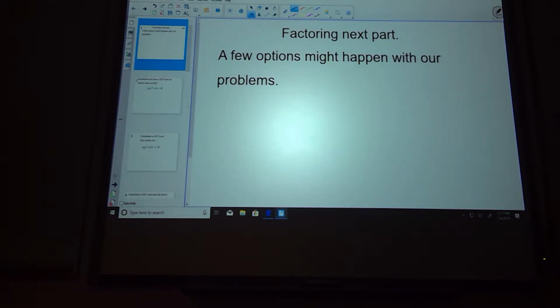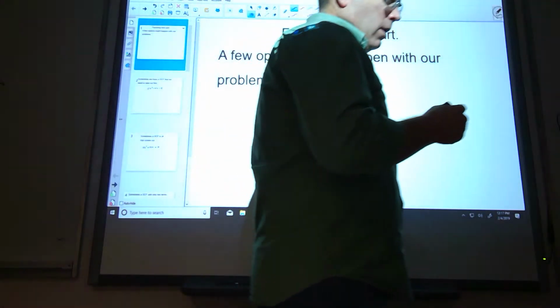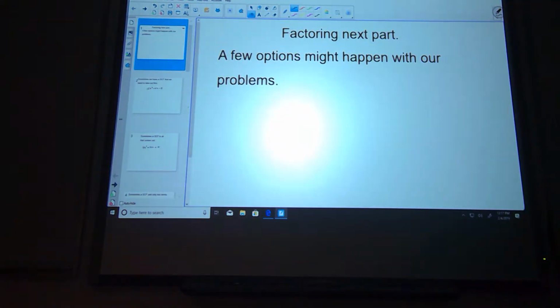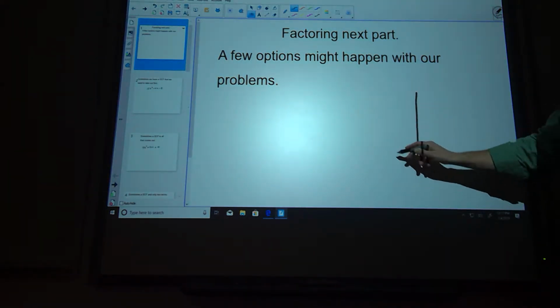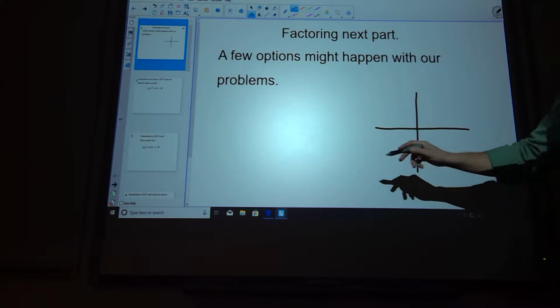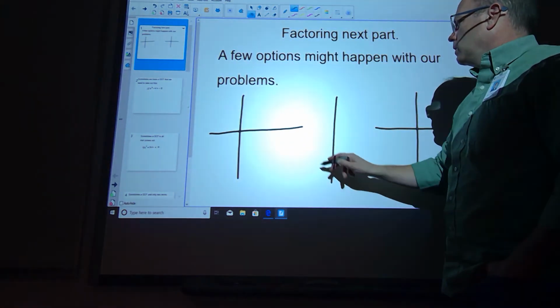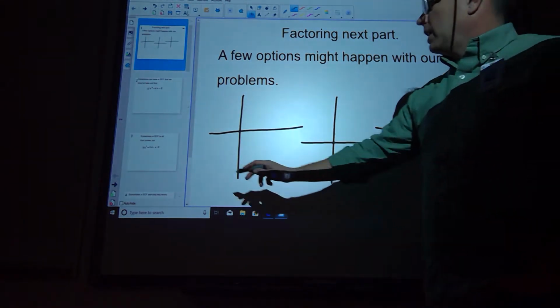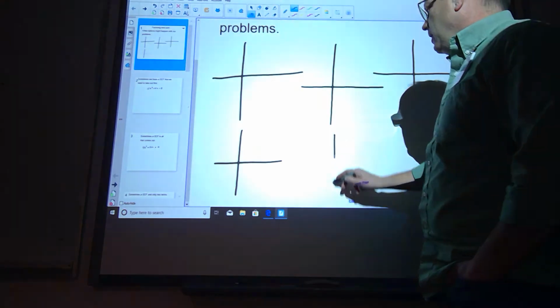A few things that we're starting to get to is what happens when I graph. And we're not graphing for quite a while, so don't let this panic you. There's actually 6 different things that can take place when we graph on the XY axis.